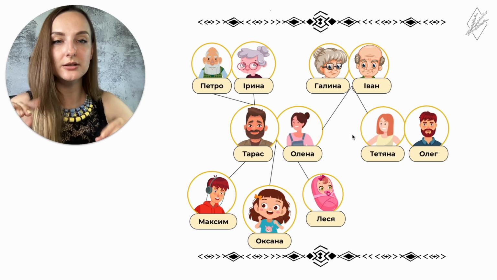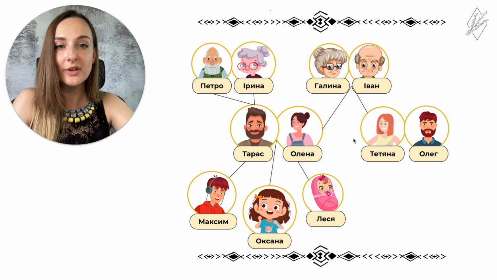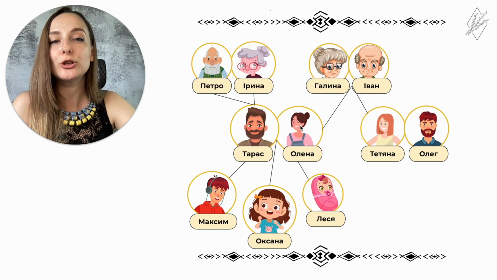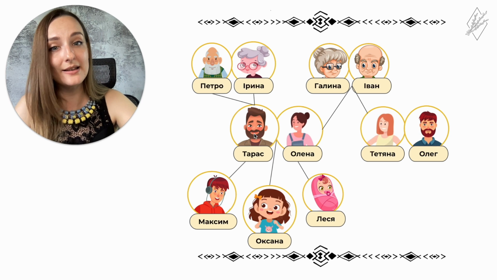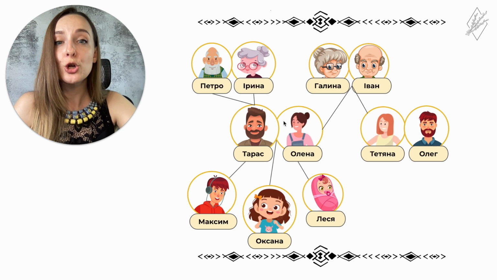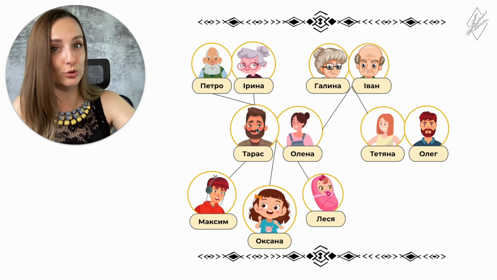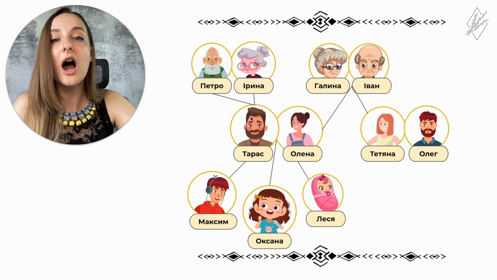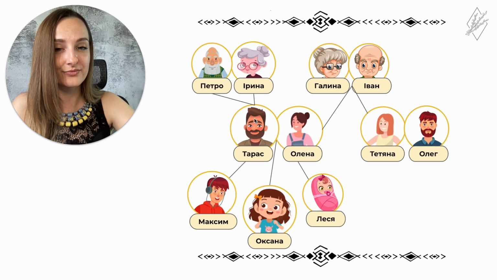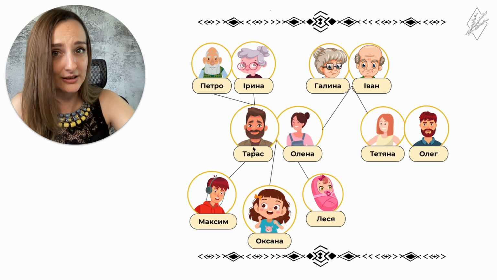Okay, if we take a look not on Oksana, but on some different person here. For example, Тарас. Це Тарас. Хто Олена для Тараса? Олена – його дружина. А хто Ірина для Тараса? Ірина – його мати.